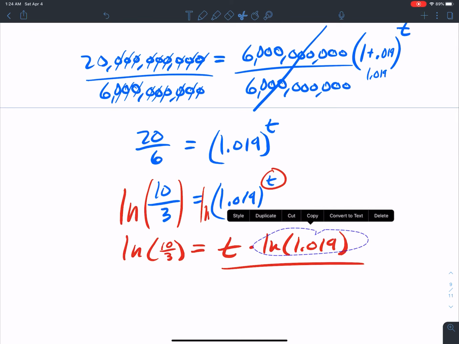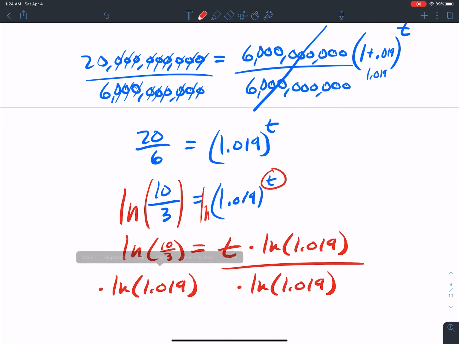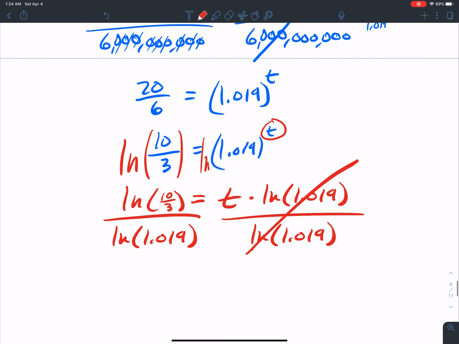I divide both sides by ln 1.019. And so when I type that in my calculator, I'm going to get like 63.967. So what is this telling me? We have a 1.9% population growth rate for the next 64 years.